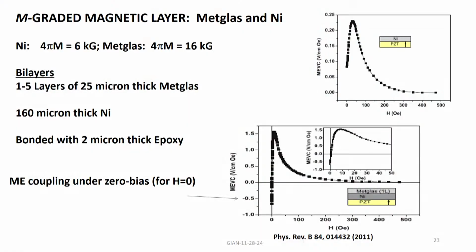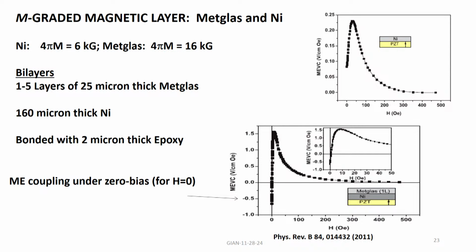So, that is what you see here. This one has Metglas and nickel. So, one layer of Metglas comes in the form of ribbons. We used 1 to 5 layers of 25 micron thick Metglas, and this is nickel. So, this is graded by using nickel and Metglas, and it has PZT for the piezoelectric layer, and this is the voltage coefficient versus DC field.